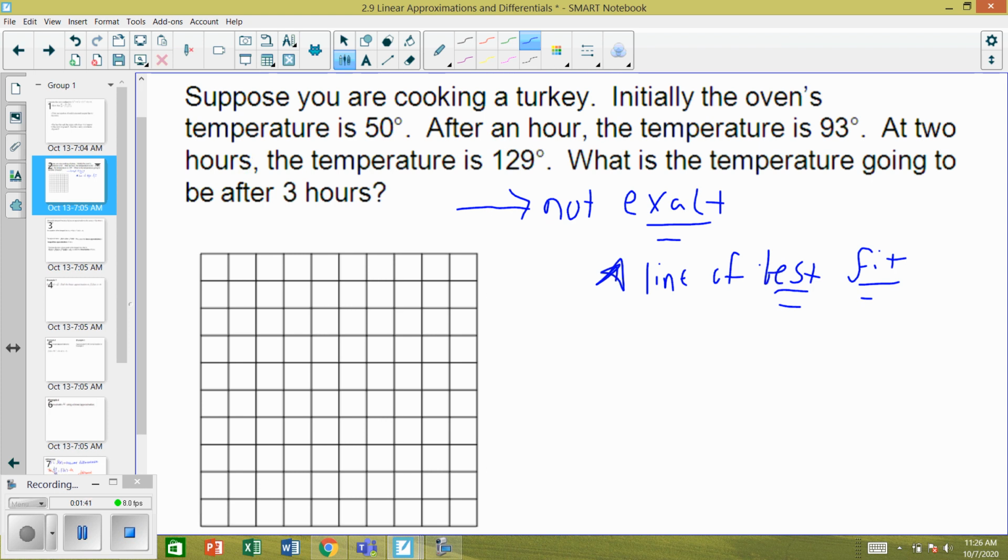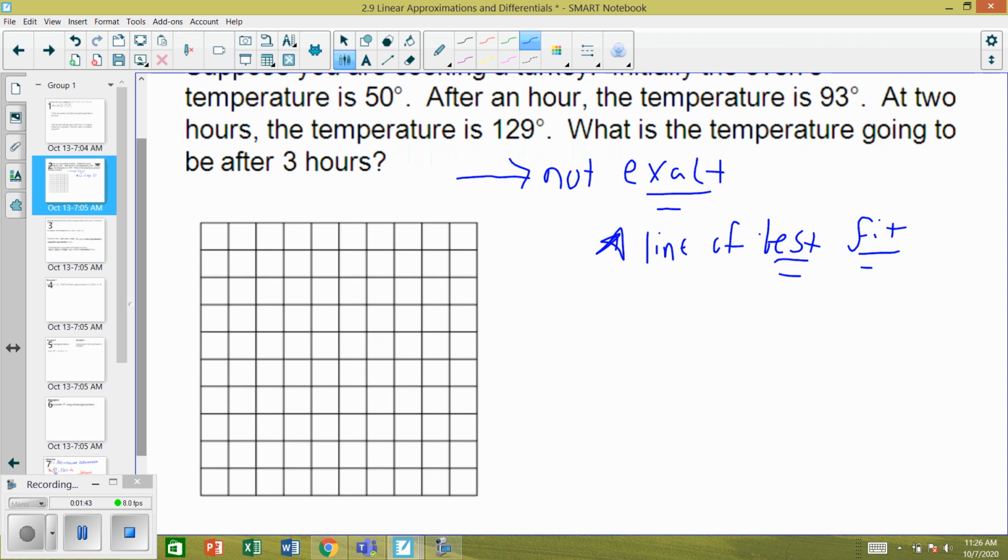So for instance, if I were to graph this below here, initially at time equals 0, we'll call this time, and this temperature. Say this is 50, we'll go up another 3, that's 100, we'll go up another 3, maybe that's 150.